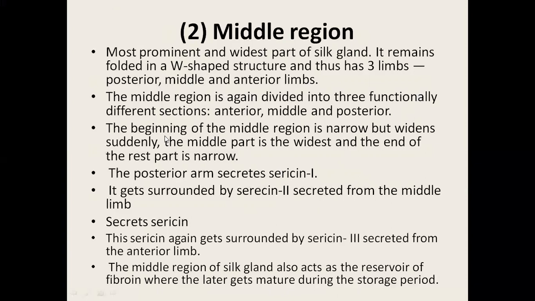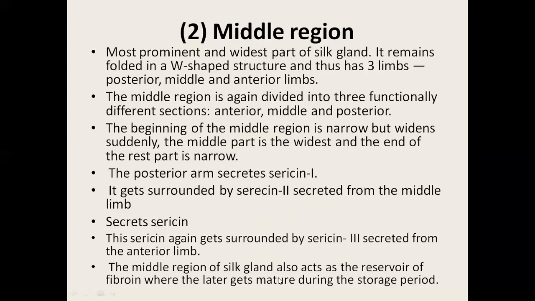It is again divided into functionally different sections: anterior, middle, and posterior. The middle region secretes sericin protein: the posterior arm secretes sericin 1, the middle arm secretes sericin 2, and the anterior limb secretes sericin 3.